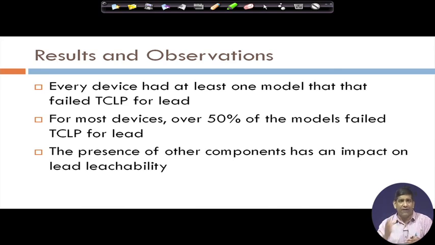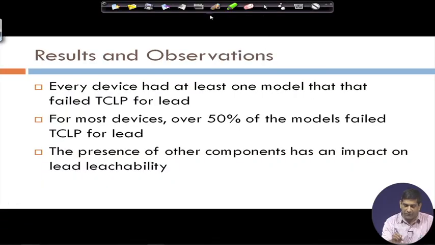So when we say fail TCLP, what do we mean? We mean the concentration of lead in the liquid after rotation. We take the liquid sample, filter it through 0.45 or 0.7 micron, then digest that sample and test it on ICP or AA, as I have explained in the previous videos.